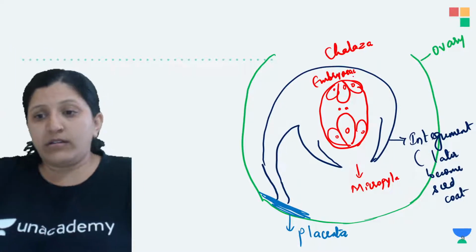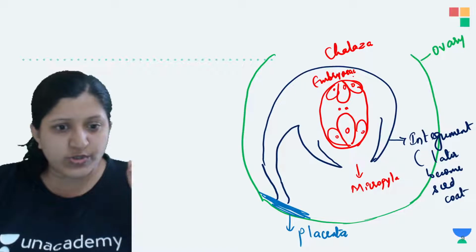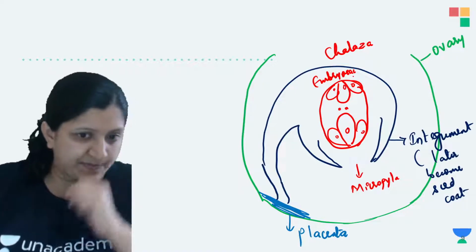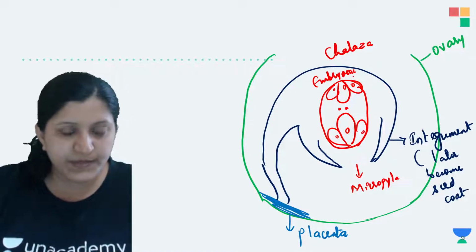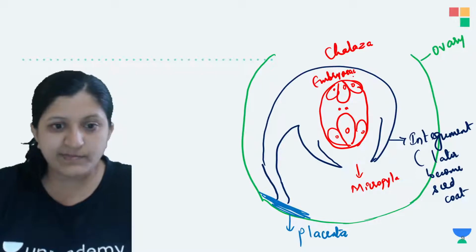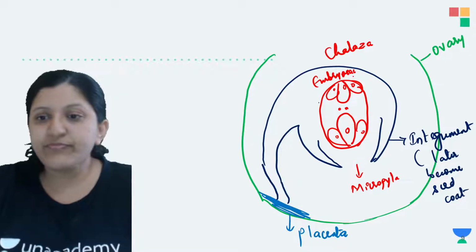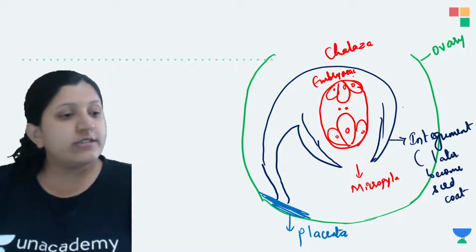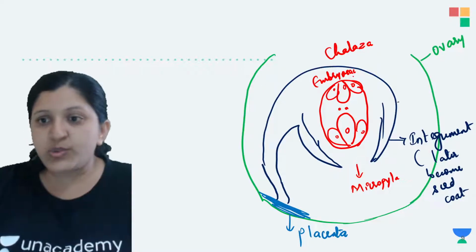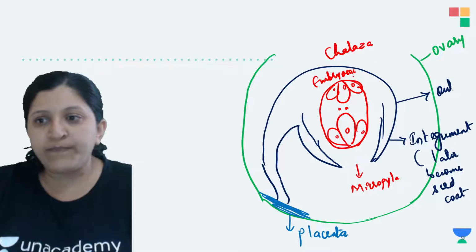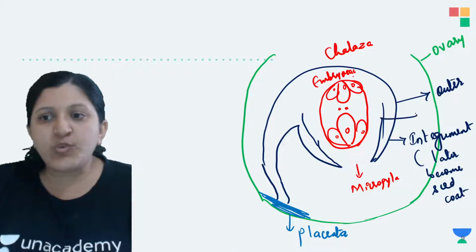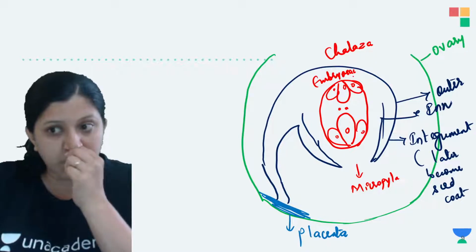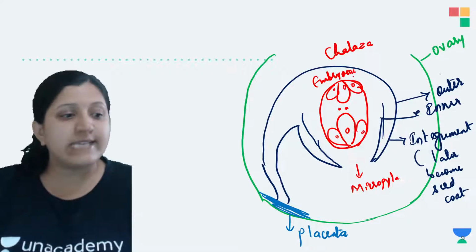Now this seed coat, what you see. Yeah. So now you see the seed coat, right? So this is the outer one, and this one is the inner coat. There are coatings which we call testa and tegmen.